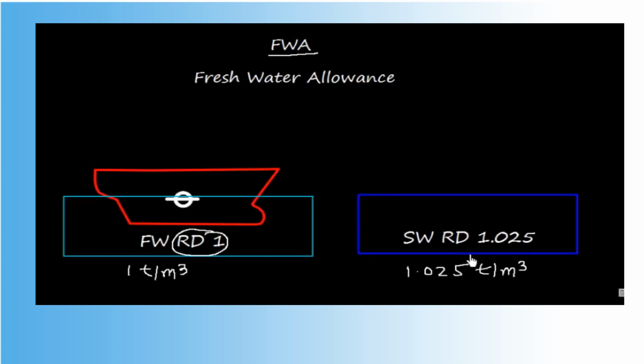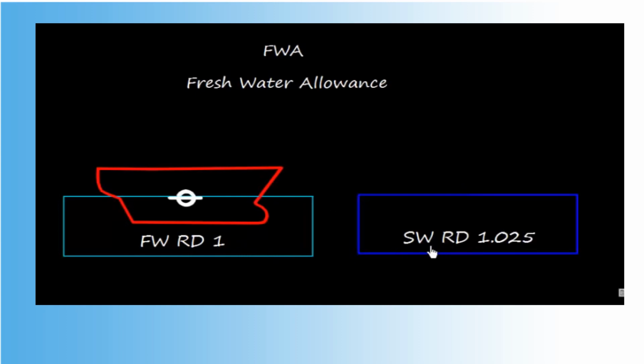The relative density is the ratio of the density of a substance to the density of fresh water. So in the case of salt water, the relative density will be the density of salt water divided by the density of fresh water. In this case, it is 1.025 divided by 1, or simply 1.025. Relative density doesn't have any unit.